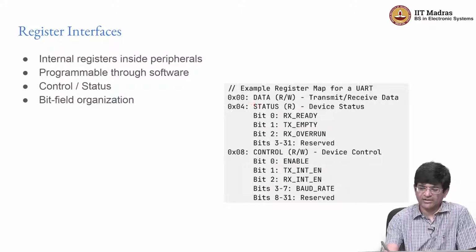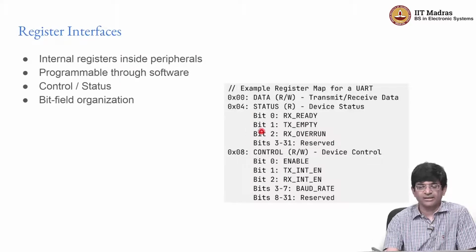So for example, I have a status register maybe inside a UART, which is just an example, right? This is not the only way that UARTs could be defined, but I might have something which says that bit 0 indicates that the receiver is ready, bit 1 says that the transmitter is empty, right? You don't have any data and therefore if you want you can write more data into it. Bit 2 could be a receive overrun.